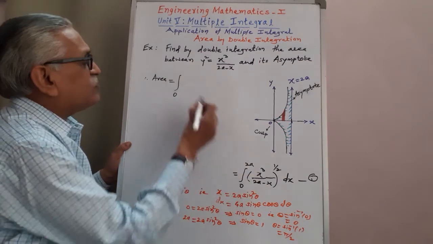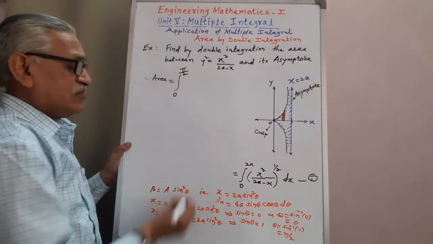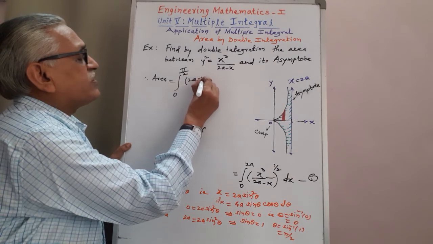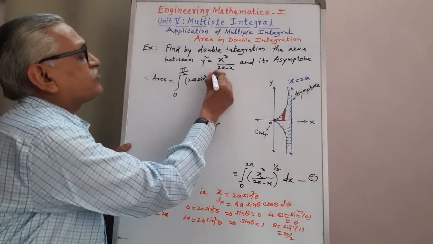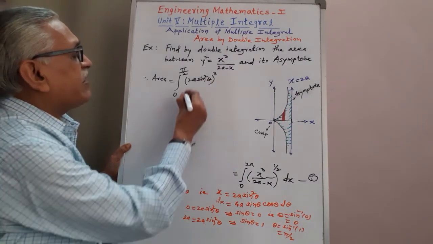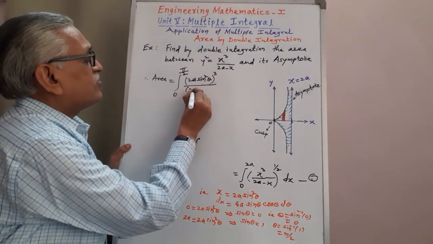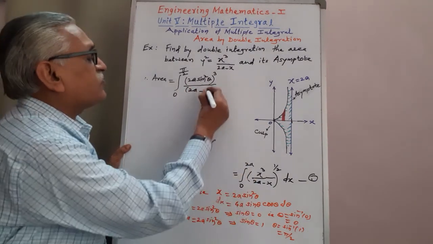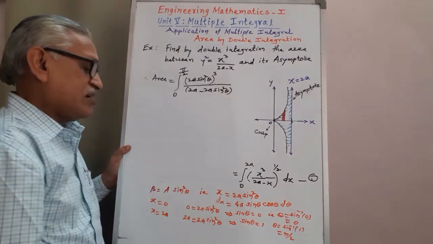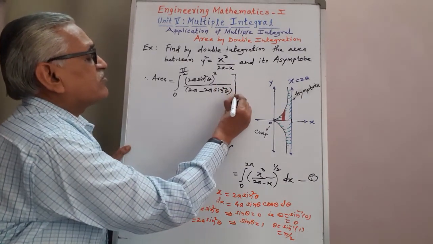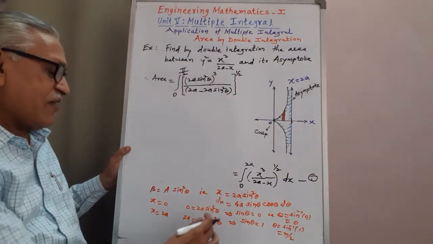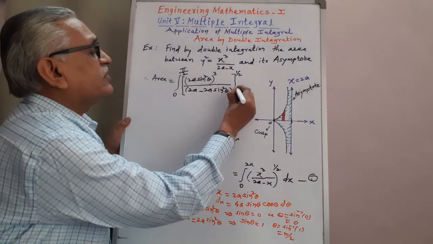For the upper limit we get theta equal to pi by 2. x cube is 2a sine square theta raised to 3, divided by 2a minus x, where x is 2a sine square theta, raised to 1 by 2, into dx, and the value of dx is 4a sin theta cos theta d theta.